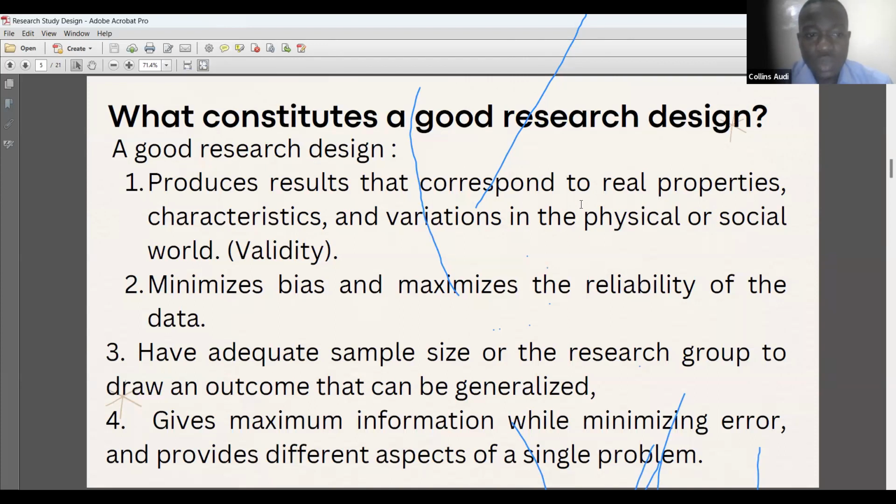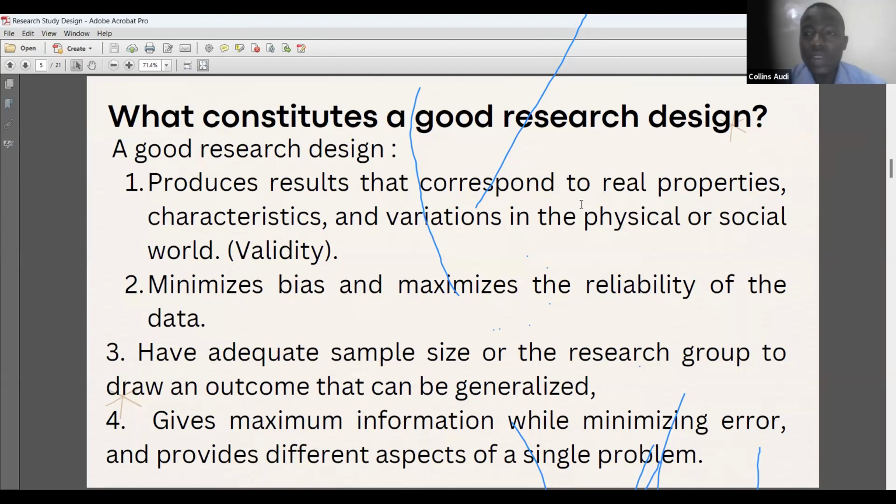A good design should also minimize bias and maximize the reliability of the data. Bias refers to deviation from the truth in your research study. It might be as a result of problems with how you design your data collection tools like questionnaires, interview forms, or even how you sample.